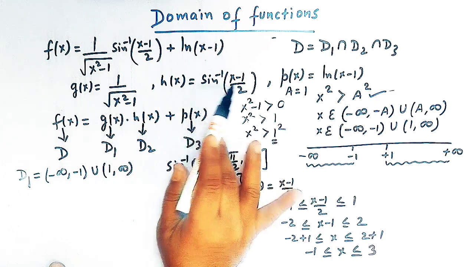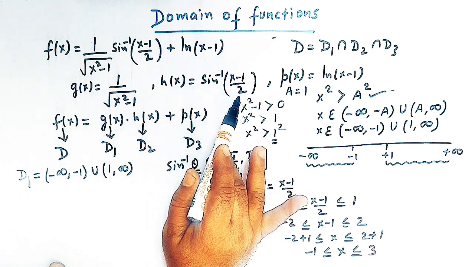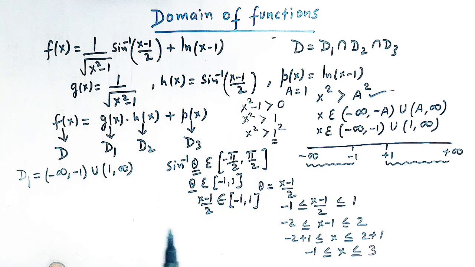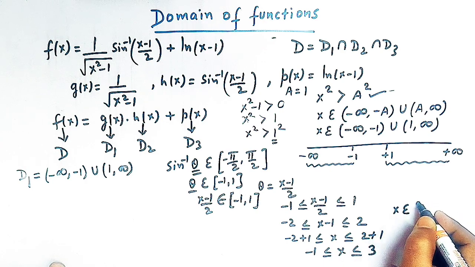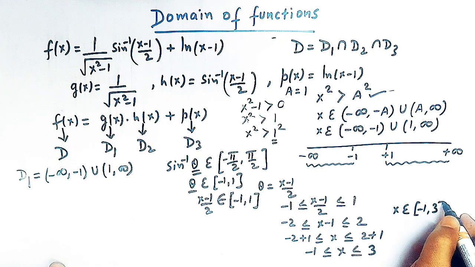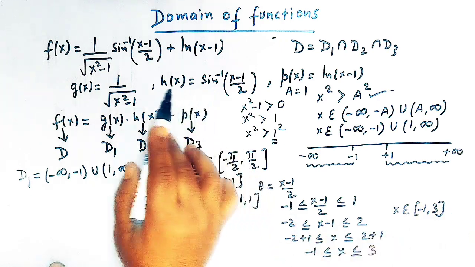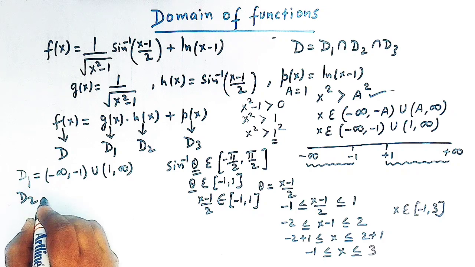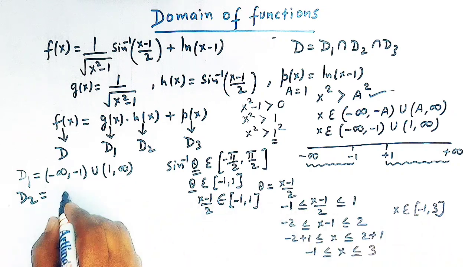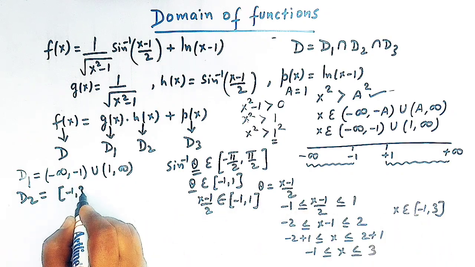So sine inverse of (x minus 1) over 2 is valid for the values of x for which x belongs to this interval, that is minus 1 to 3. So the domain of the function h of x is given by this interval, that is minus 1 to 3.